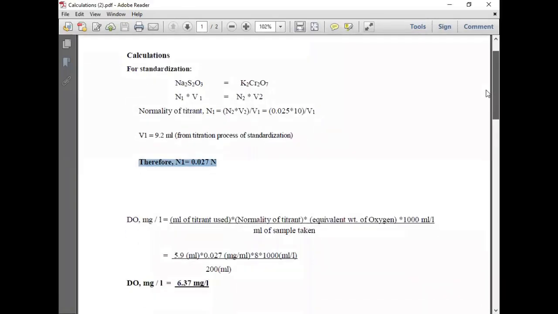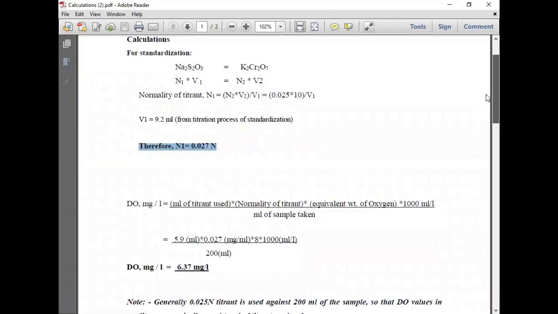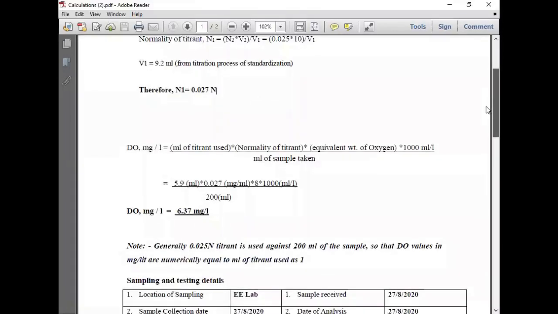We have prepared the sodium thiosulfate with 0.025 normality, but due to the variation in the temperature, pressure, aerobic oxidation and everything, we have got it as 0.027 normal, and the same will be used in the calculation of DO.